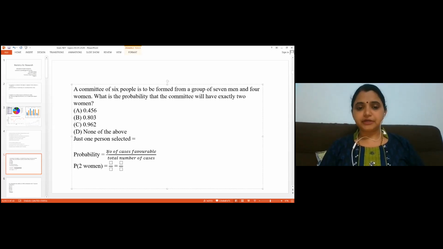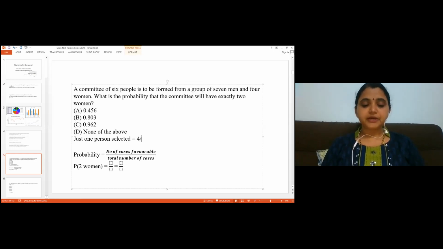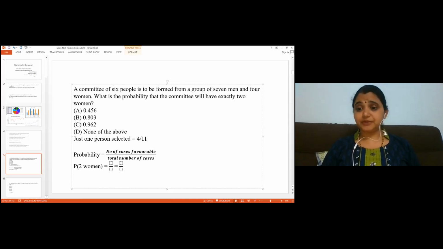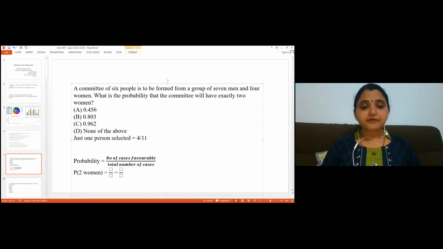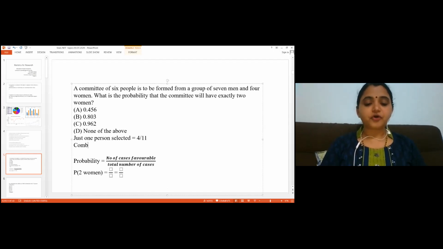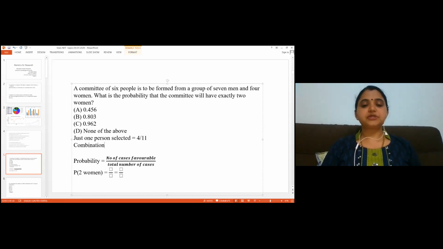We know that the probability definition is given here. Probability is defined as the number of favorable cases over the total number of cases. So here it can be directly the total number of women, 4, divided by the total number of people, 11, so 4 by 11, if just one woman is selected. Now that there are 6 people to be selected, we have to use the idea of combinations.